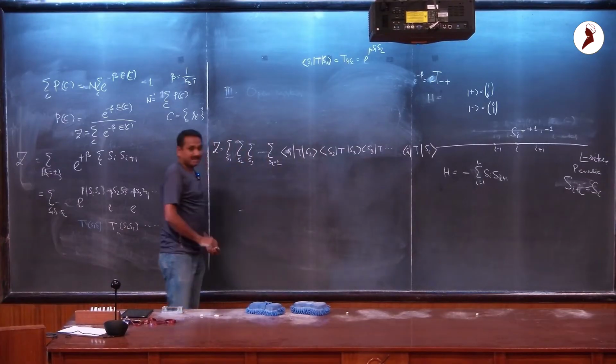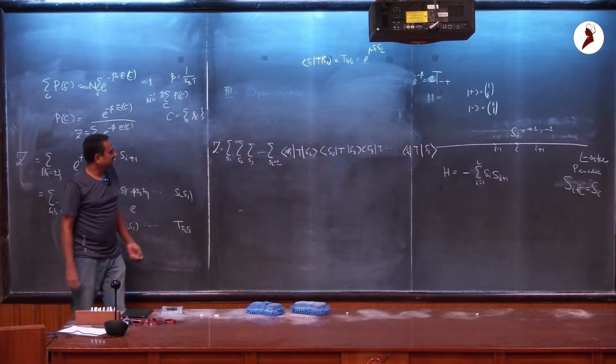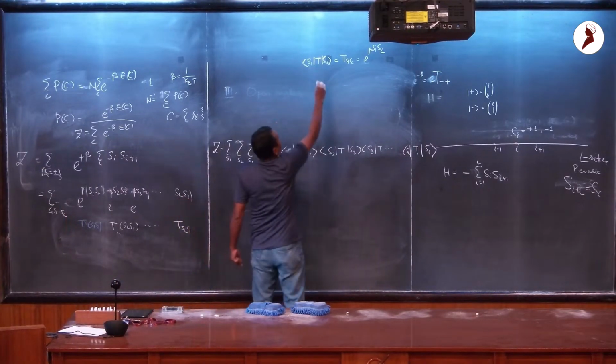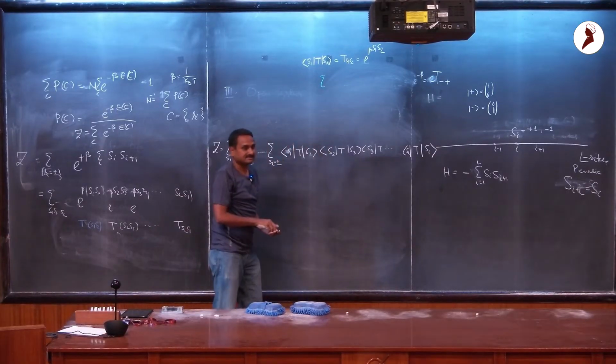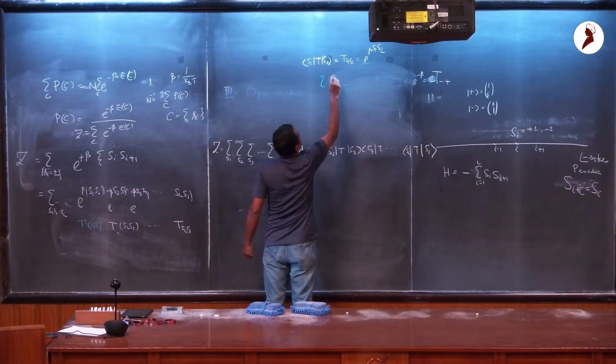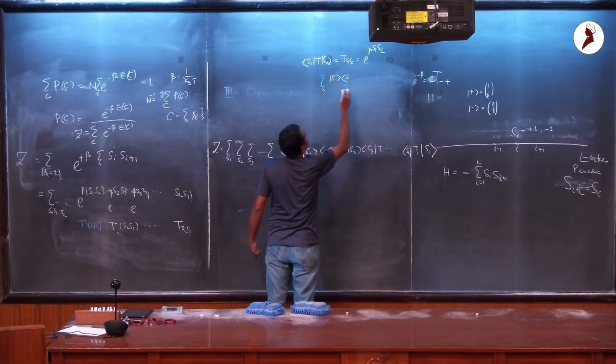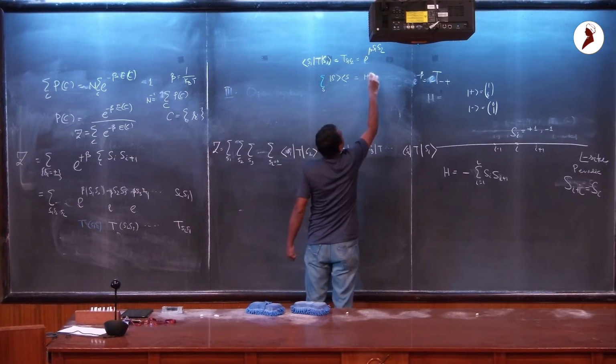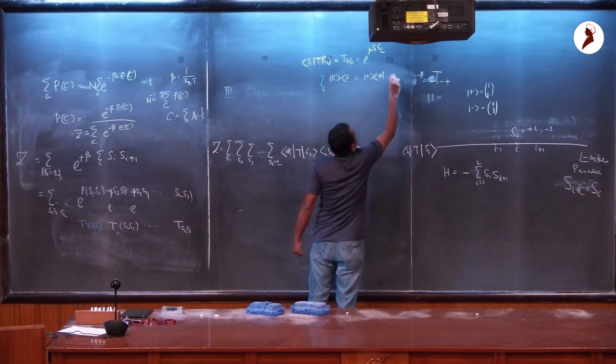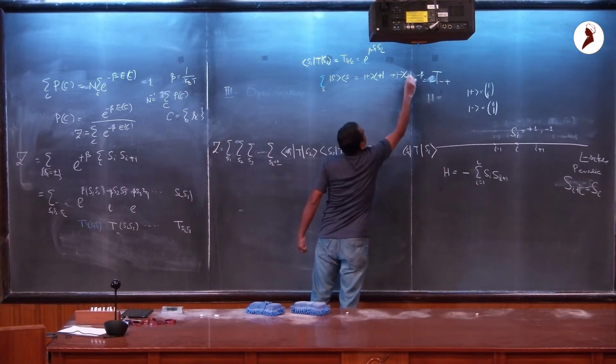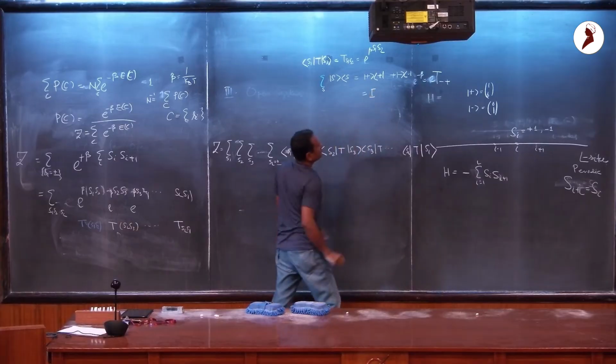Now if I use the standard basis, there is a completeness relation: summation over S of S S, that is plus plus plus minus minus, equals identity. You can multiply it here.